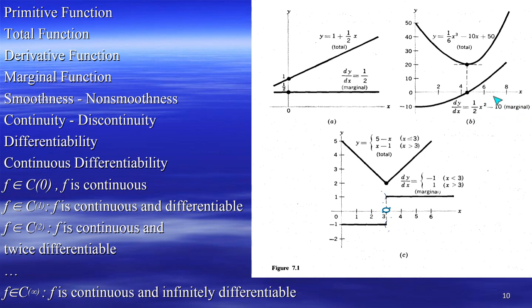This is the marginal function of this total function, or this is the derivative of this primitive function. You see, if we draw them on the same system of axes, on the same Cartesian coordinate system.